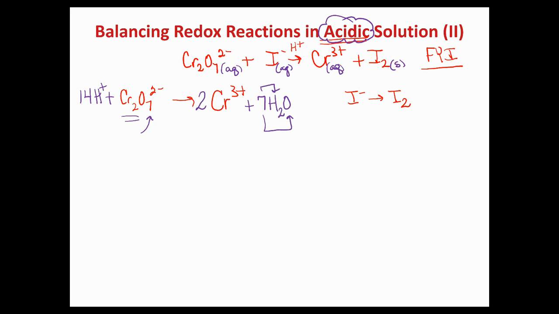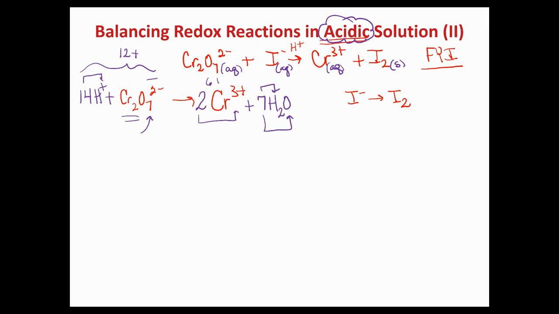And then now I need to balance electrons, the charge, right? So I have 6 plus on this side. I have 14 plus and a 2 minus, so I have 12 plus on this side. And I asked the question, how many electrons should I add to make them the same charge?